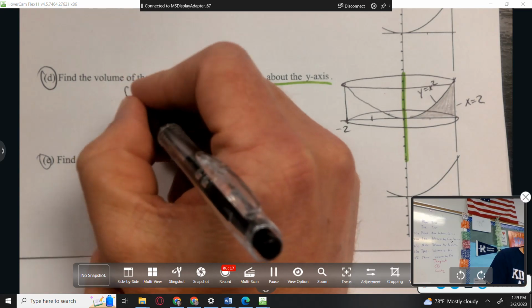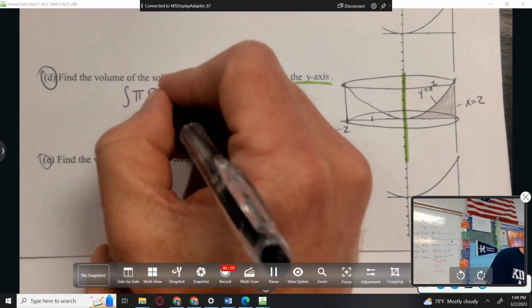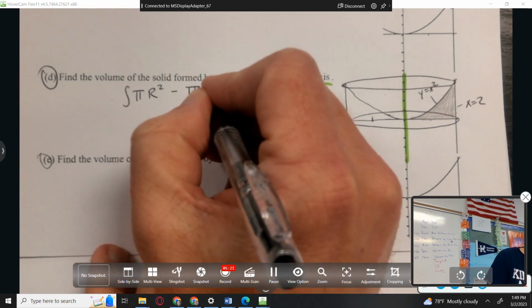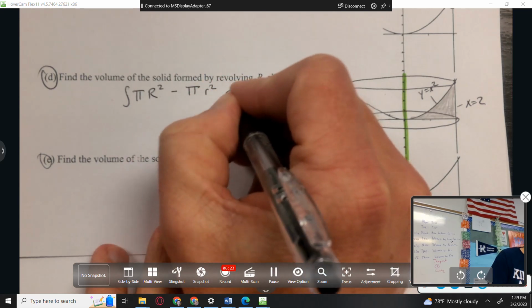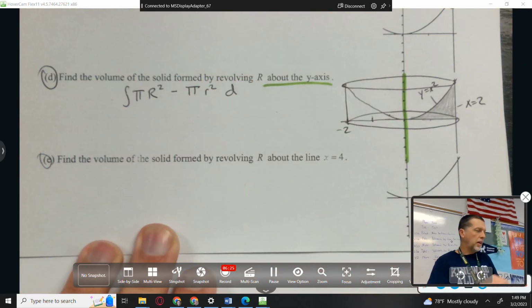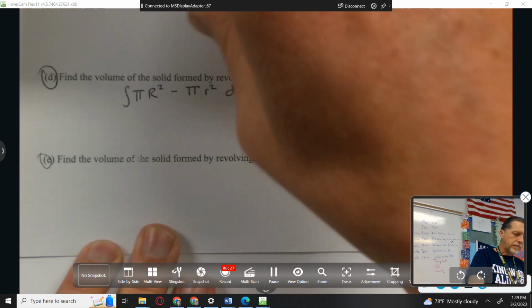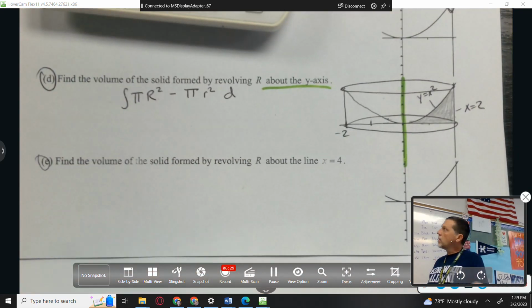So let's do our template here. Pi big R squared minus pi little r squared d something. dy, right? Why dy? Because it's going to cross the y-axis. They're sliced in the y direction. The slices are stacked up in the y direction.